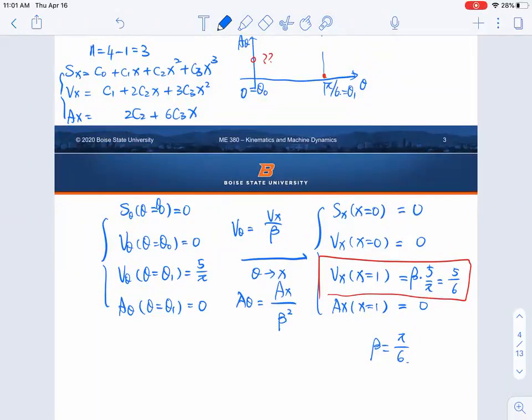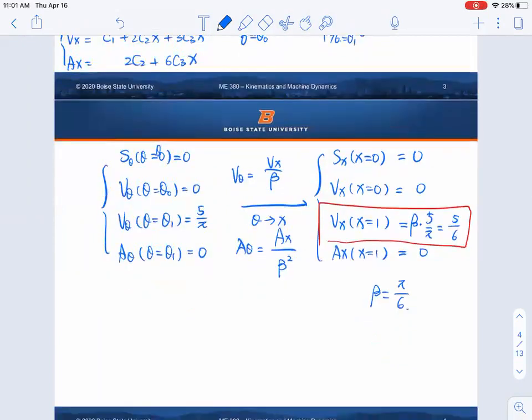You can go back to my notes and find the polynomial. Let me see if I have the solution here. Okay, the solution here is C0 is 0, C1 is 0, C2 is 5/6, C3 is minus 5 over 18.